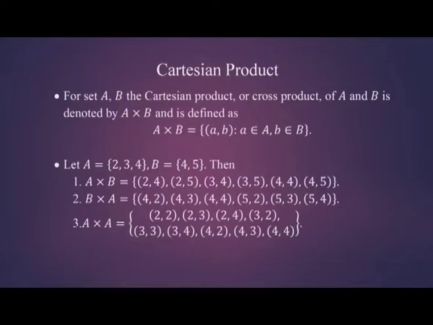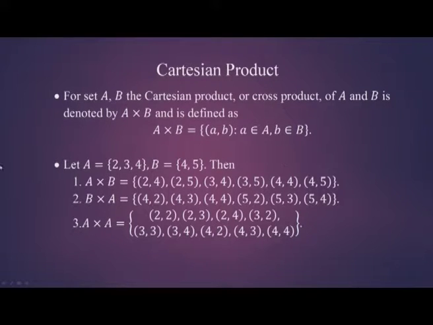Now, if we have two sets A and B, the Cartesian product of these two sets is denoted by A cross B, and it is the ordered pairs of elements of A and B.